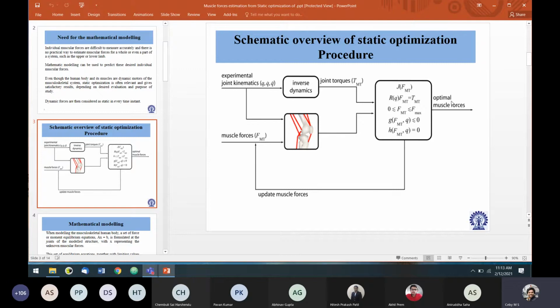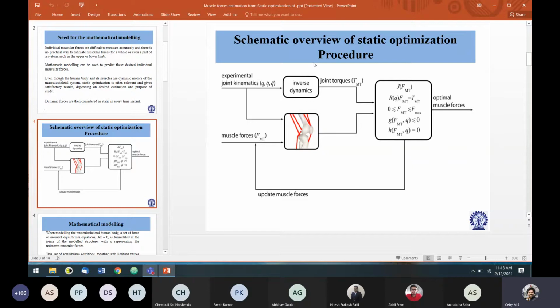For the optimization, it can be done in several ways. There are optimization schemes in which you need an initial guess. Can you name some optimization methods in which you have to give an initial guess to come up with a final answer? It has to be some iteration technique, no?